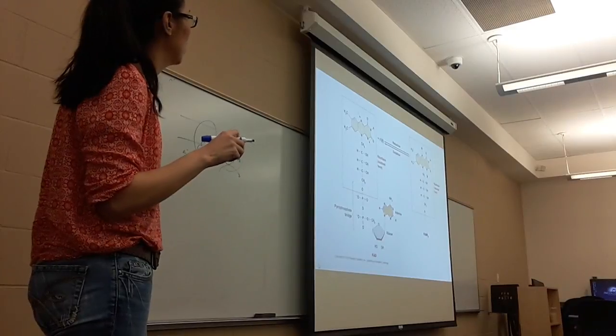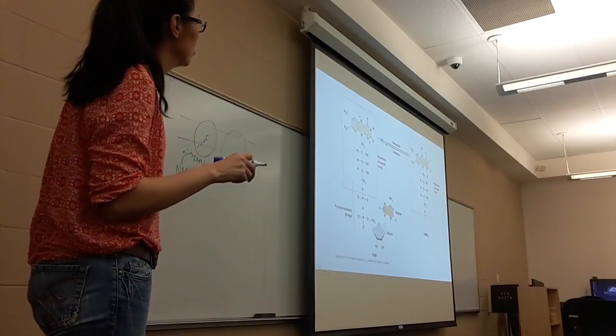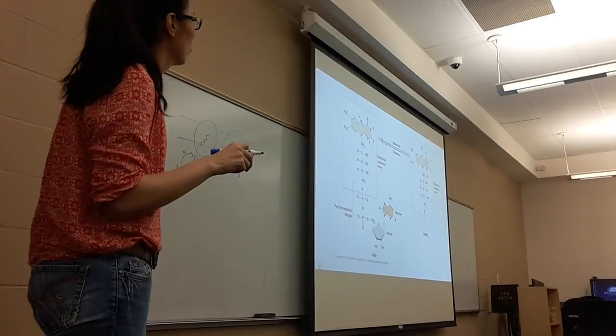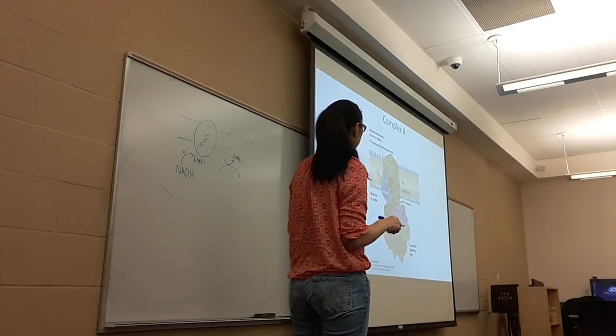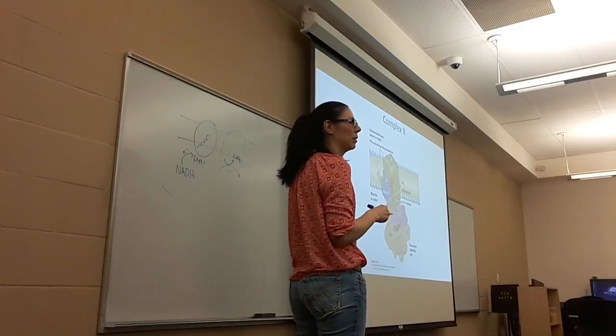So again, we're picking up hydrogens on FAD to make FADH2. We are carrying those electrons through complex 2 through a very complicated pathway.